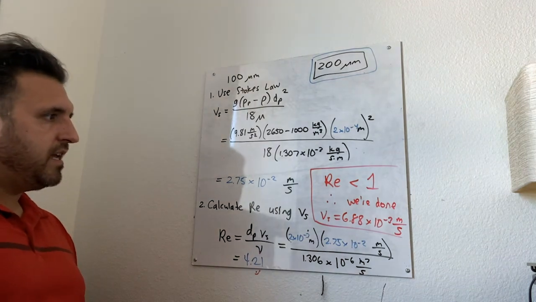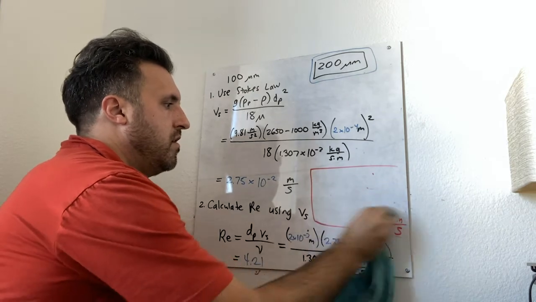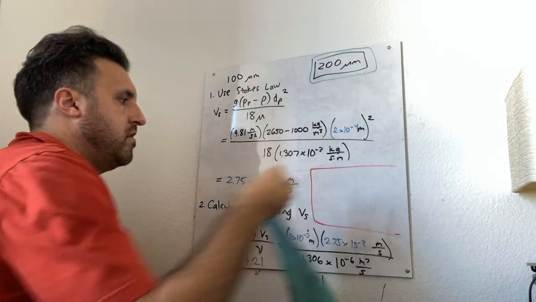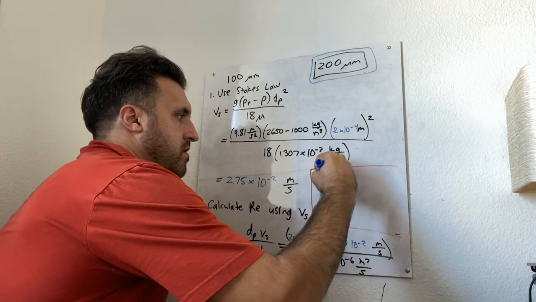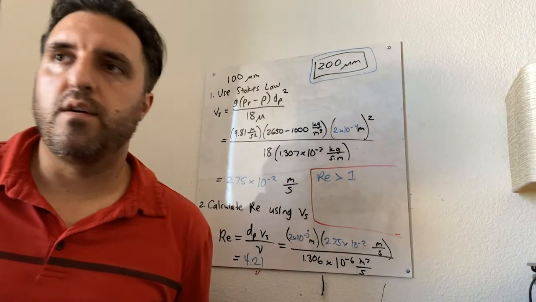Alright, so in the second case, the Reynolds number is greater than 1. Therefore, we need to go on to step 4.